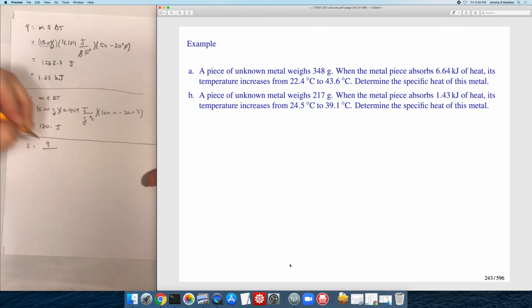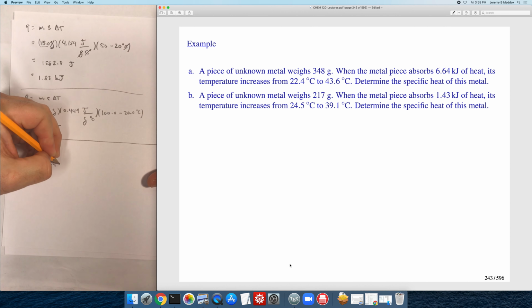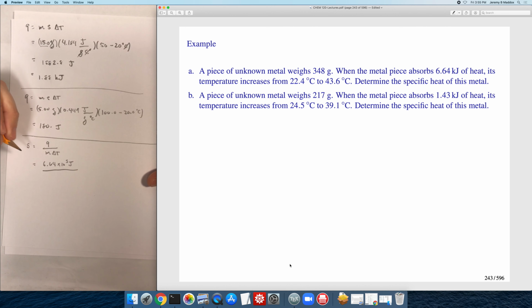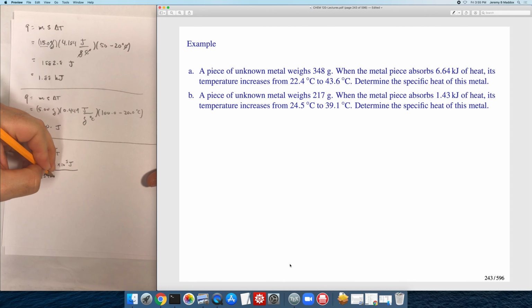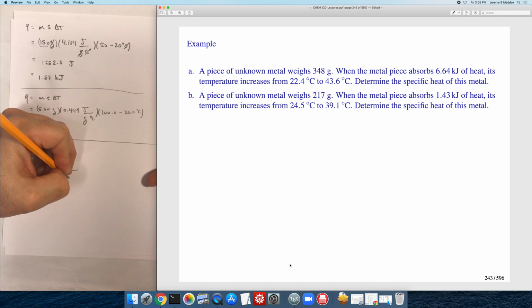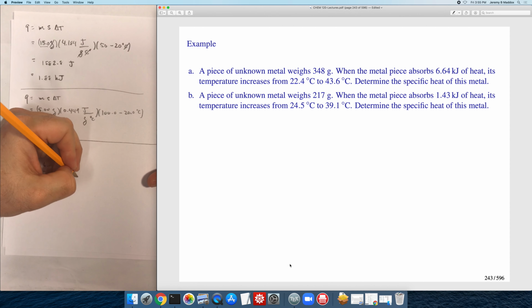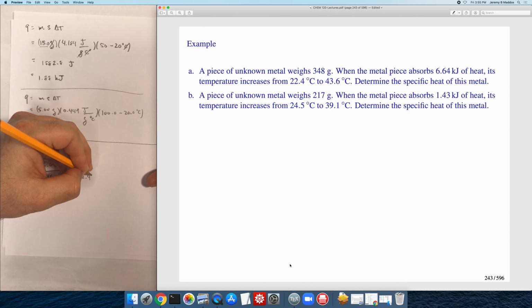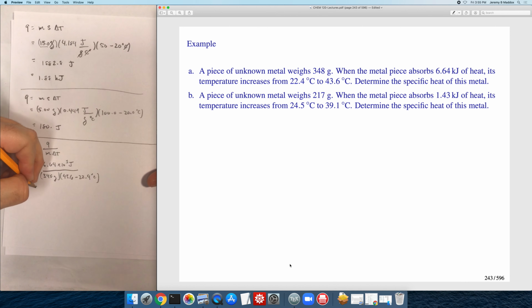So we'll have Q over m delta T. The heat was 6.64 times 10 to the 3 joules. The mass, 348 grams. And then the temperature difference, 43.6 minus 22.4 degrees Celsius. And so now we'll calculate the specific heat in this way.